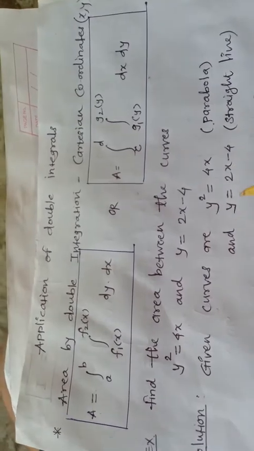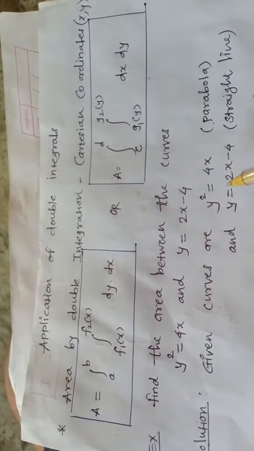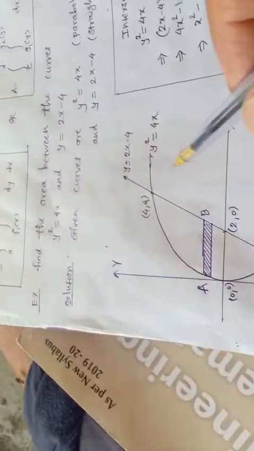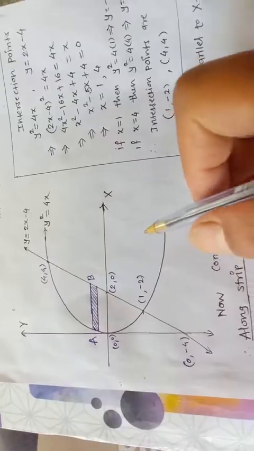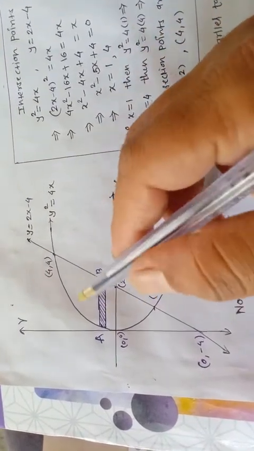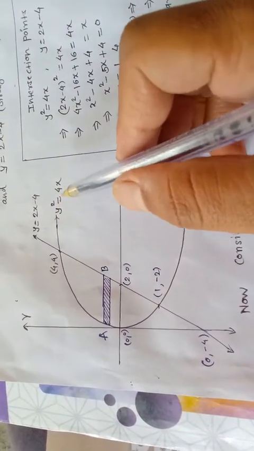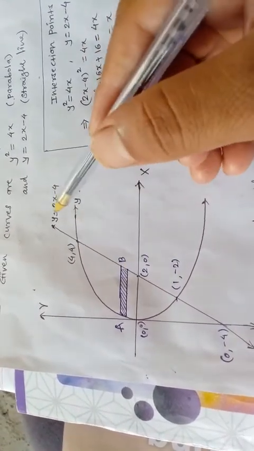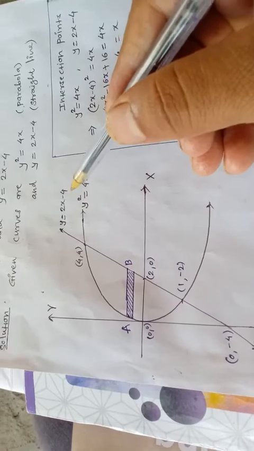Now first of all, we are plotting these curves on the graph, and if I plot these curves, then this will be the figure. In this figure you can observe this curve is the parabola, y square equals 4x, and this straight line is y equals 2x minus 4.